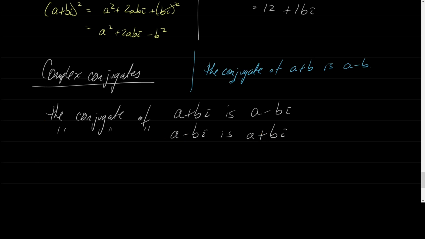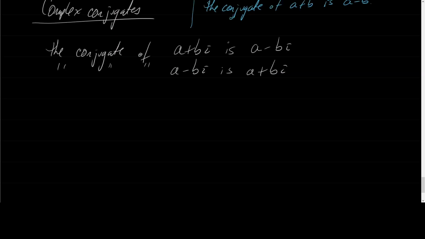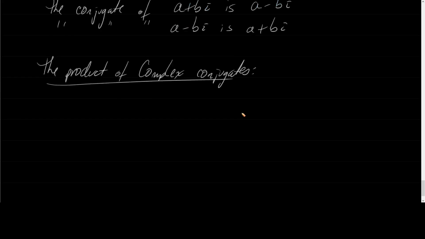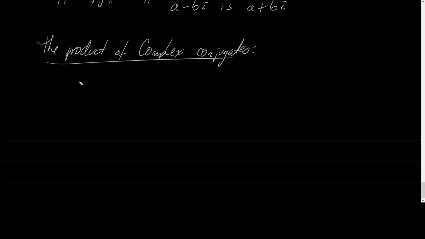All right. So let's talk about the product of conjugates. The product of complex conjugates. So what am I saying here? So let's take a plus bi times a minus bi.